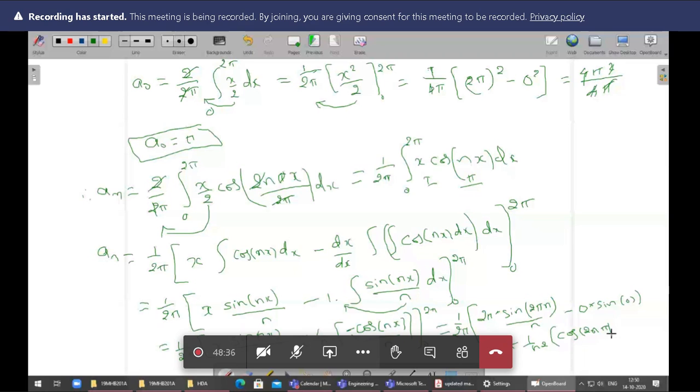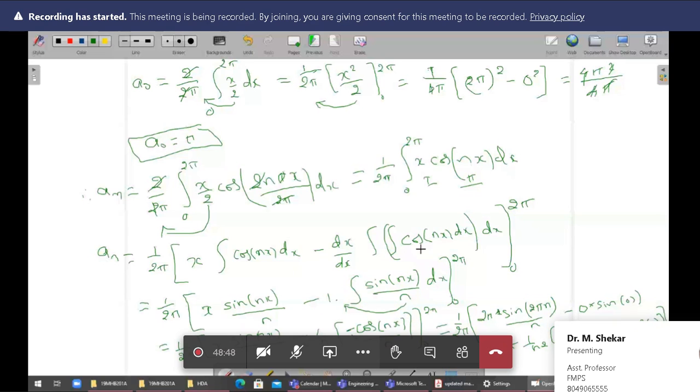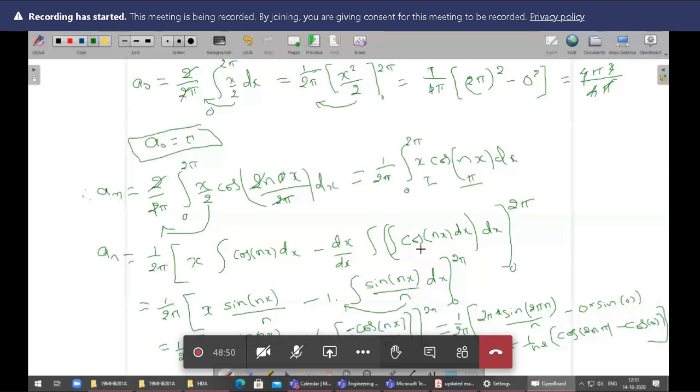I am explaining in a simple way to understand the first problem. I think you remember the basic result that sin 2n pi is 0, which is nothing but sin n pi is also 0, where n is an integer.